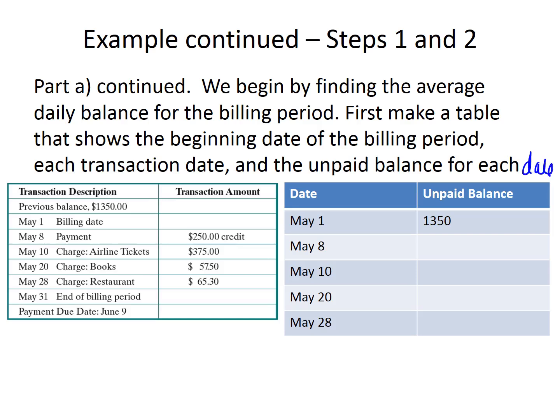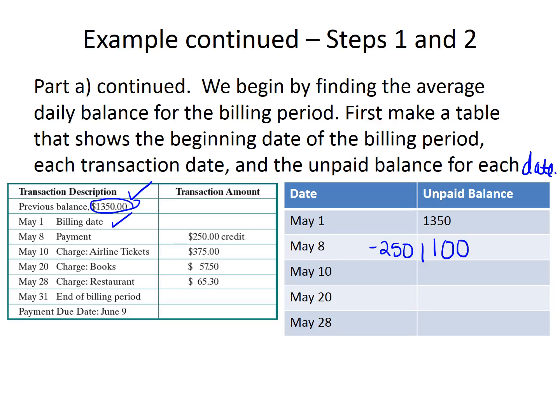On May 1 is the billing date, and we have a previous unpaid balance of $13.50. On May 8th, we make a payment of $250. So we're going to subtract $250 from our $13.50.